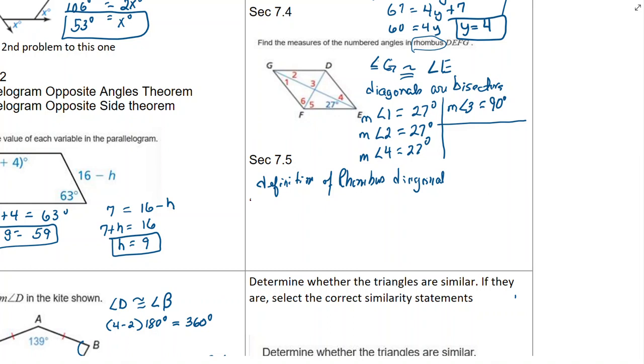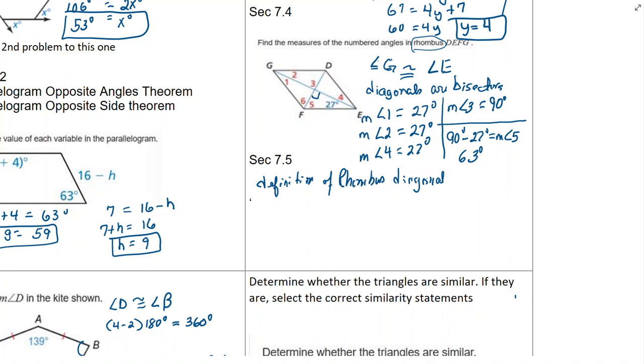Well, if I have 90 and 27, then 90 minus 27 has to equal the measure of angle 5. So when I do the math on this, I think I get 63 degrees.